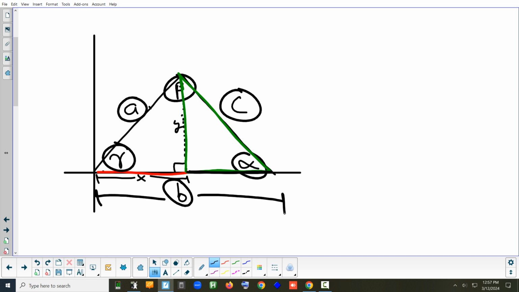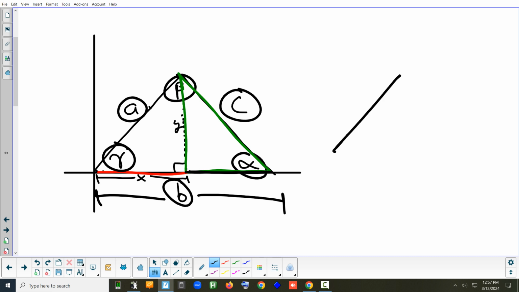Yep, X. Or is it 1/2 B? Well, X is from here to here. They wouldn't be the same on both sides. No, not unless we knew that it was an isosceles triangle. But I tried to draw it so it doesn't come down right in the middle. It's a little bit further, I think, on one side.